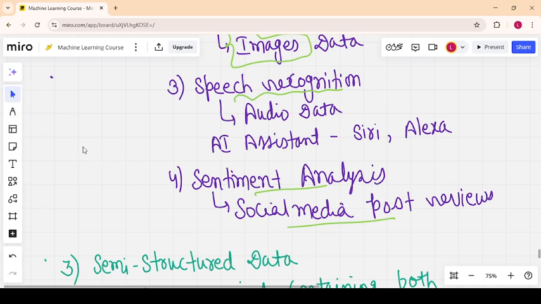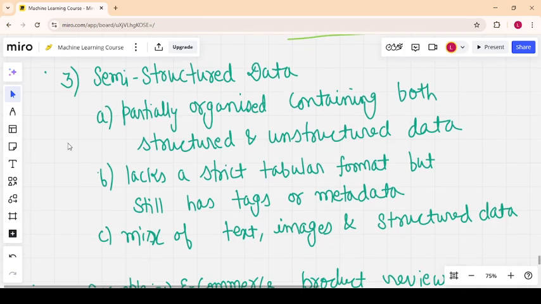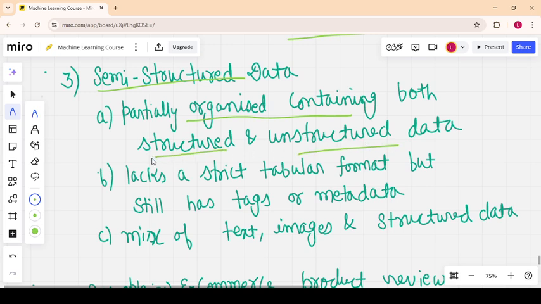Let's move to the third type of data, that is semi-structured data, which has features of both structured as well as unstructured data. Semi-structured data sets are partially organized, containing both. Structure means having the format of rows and columns, but in unstructured data there is no such predefined structure, like a strict tabular format, but it has some tags and metadata.